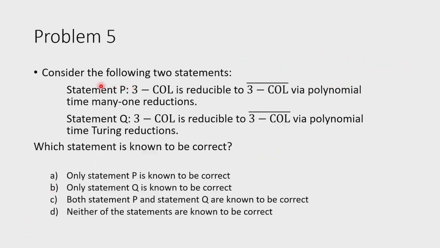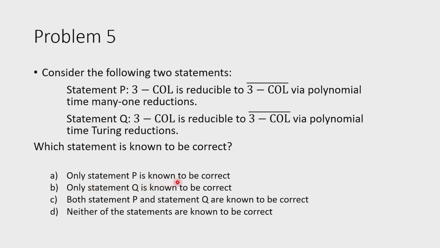So the next problem is, consider the following two statements. Statement P: 3-colorability is reducible to the complement of 3-colorability by a polynomial time many-one reduction. Statement Q: 3-colorability is reducible to the complement of 3-colorability by a polynomial time Turing reduction. Which statement is known to be correct?